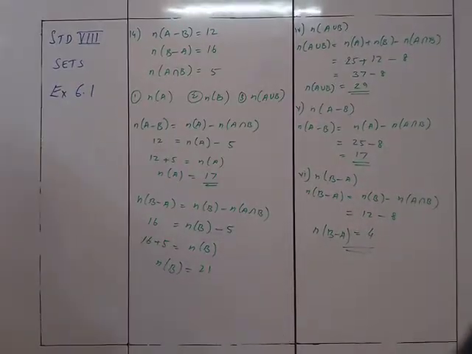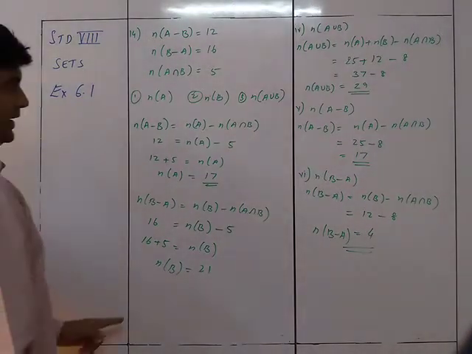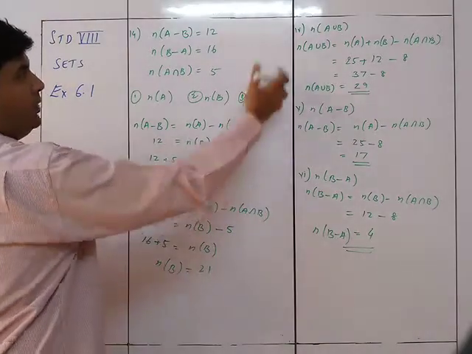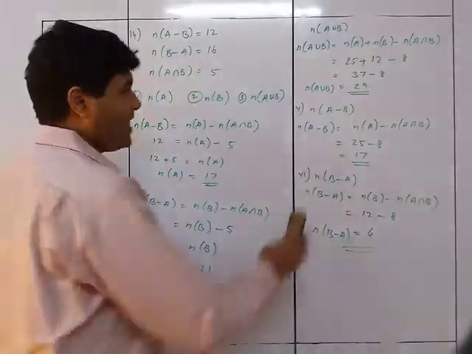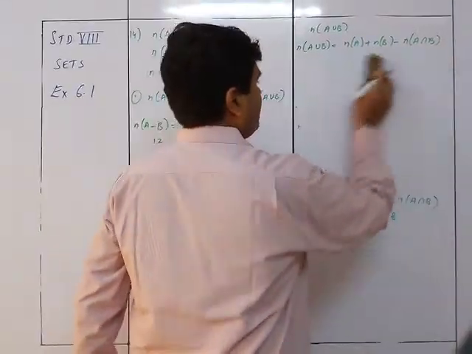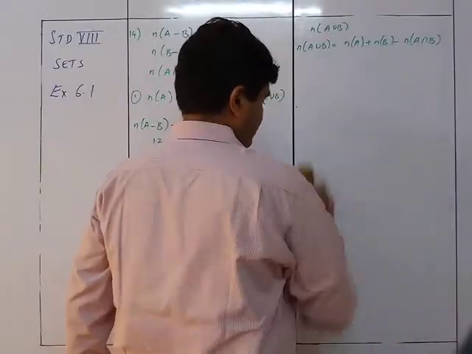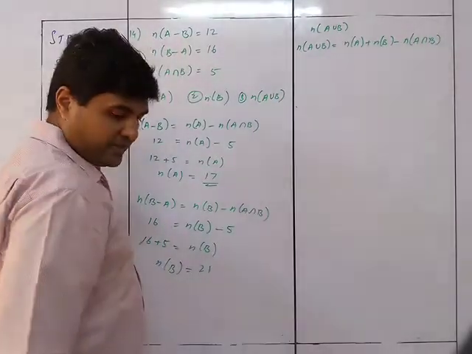You see the next one, the last one, n(A union B).